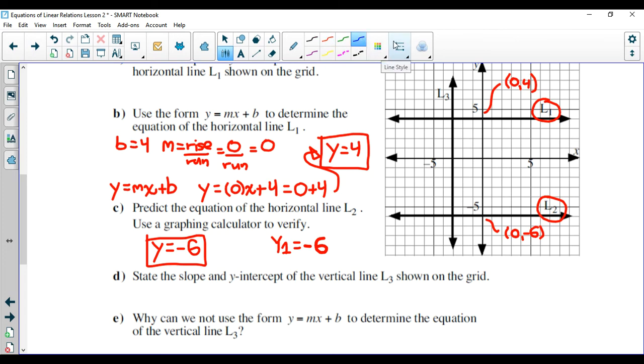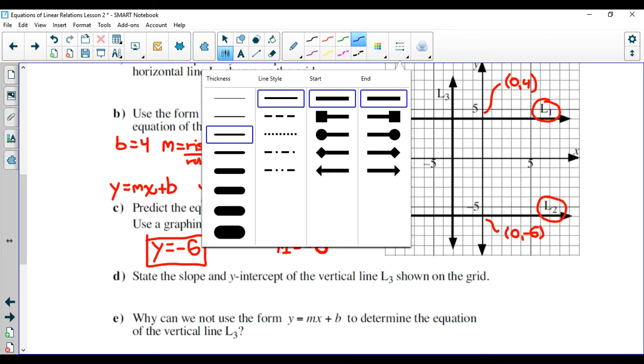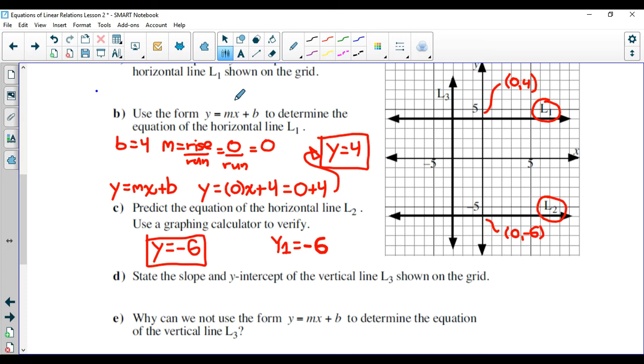Okay, now this gets a little bit tougher. So now we're going to deal with some vertical lines. Okay, so it says D, state the slope and the y-intercept of the vertical line L3 shown on the graph. Okay, so first of all, if you look at the graph here, there is no y-intercept.